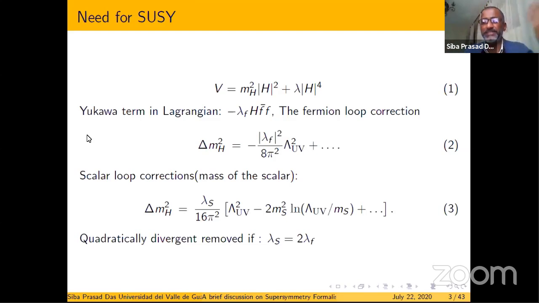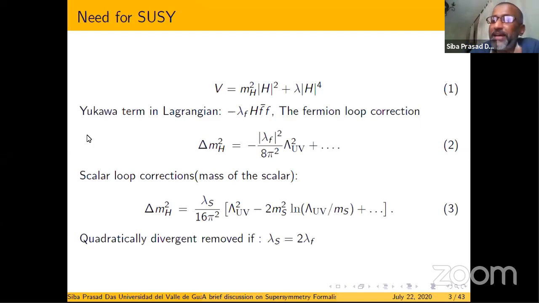If you do the loop correction for the Higgs mass, you get delta m_h squared equal to lambda_f squared over 8 pi squared times lambda_UV squared, where lambda_UV is a cutoff scale of the theory, because the momentum integration goes to infinity and certainly gives a divergent integral. So I have to assume that my theory is valid up to some ultraviolet cutoff, defined as lambda_UV, as large as the GUT scale or the Planck scale.